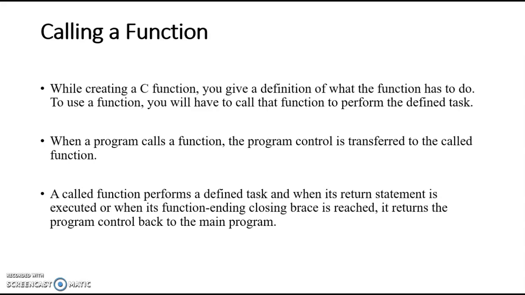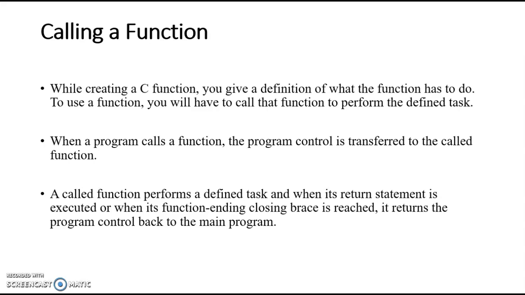So your program control is transferred to that called function, and the called function has the code or the actual operation which is going to perform the task. Okay, and whatever value is returned through that function will be returned on that statement.